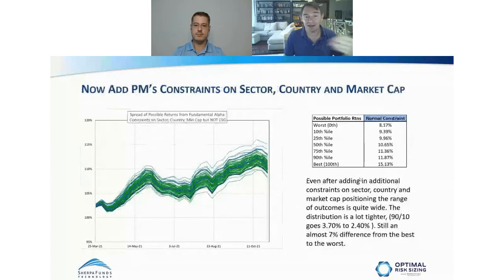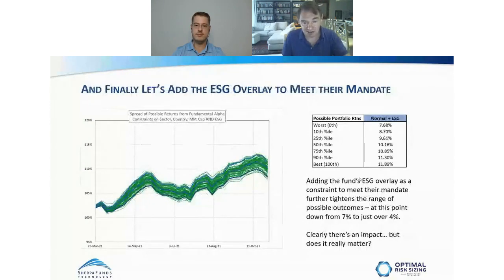before the ESG. Now, as Stephen said, these guys were asked to create an SMA, and these are very serious, large managers, to create an SMA for a big institutional client, which had, in addition to those other constraints, an ESG constraint.